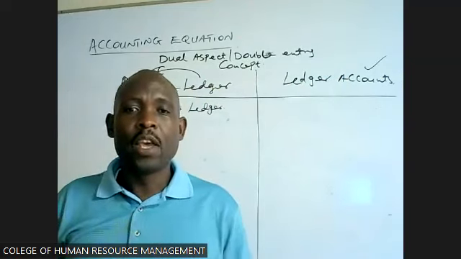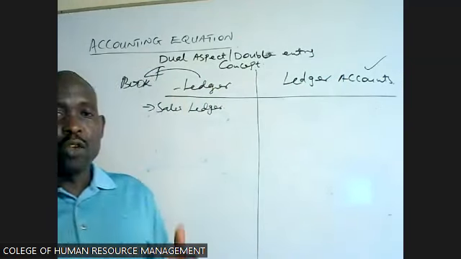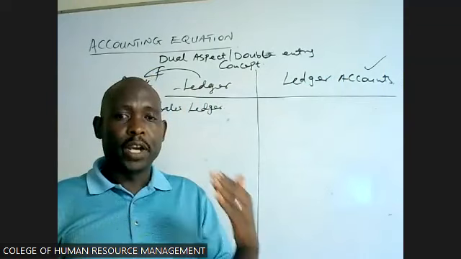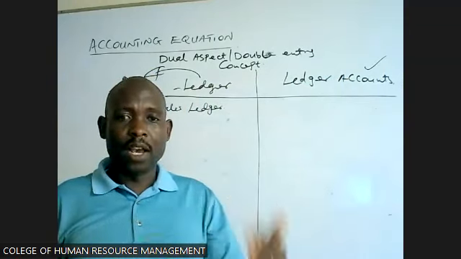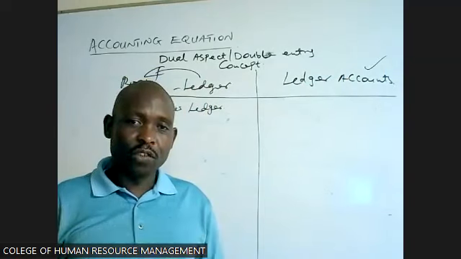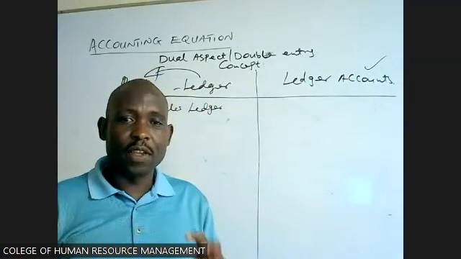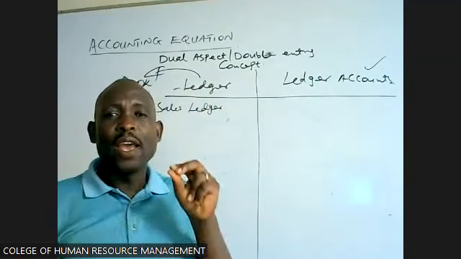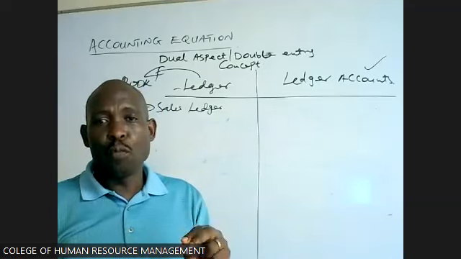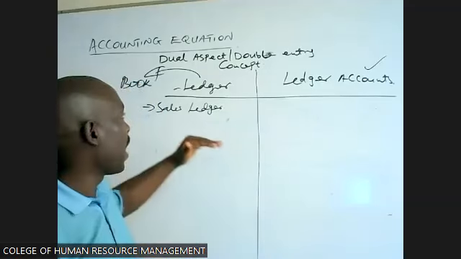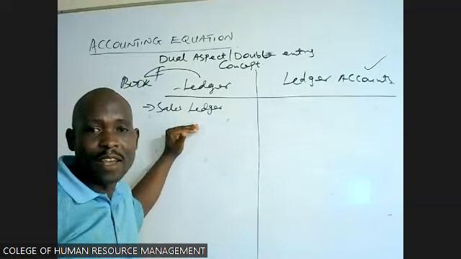What does the sales ledger record? When you sell goods on credit to your customers, those customers to whom you have sold goods on credit become your debtors. So every debtor to whom you have sold goods will have an account in this sales ledger.